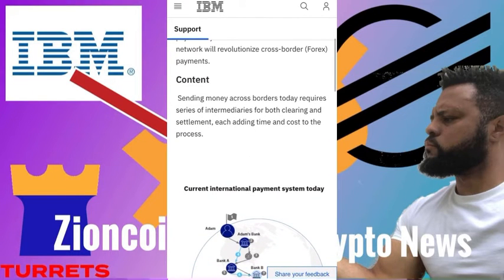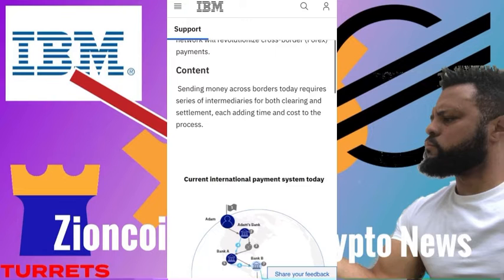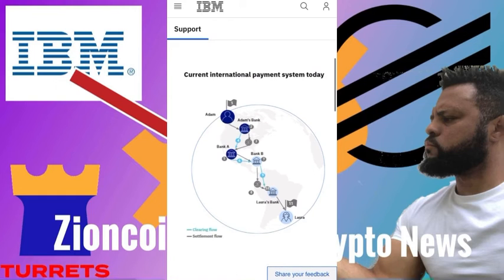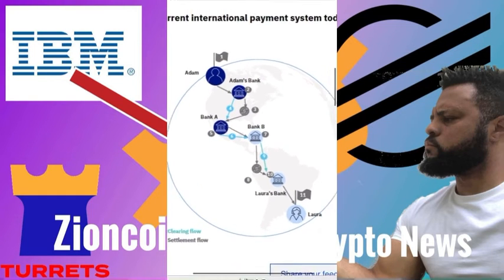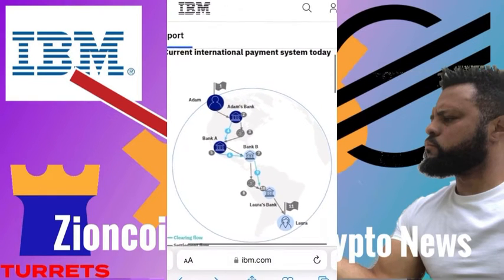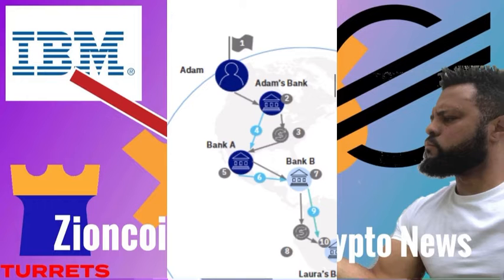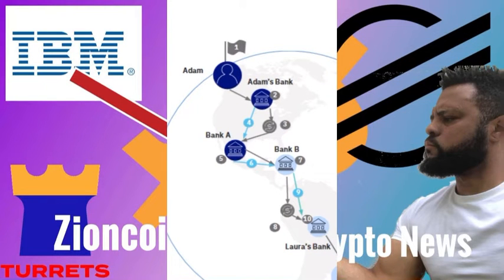Sending money across border today requires a series of remittances for both clearing and settlement, each adding time and cost to the process. This is our current international payment system today. So let's have a look at Adam. Adam, number one, has his money in his bank.